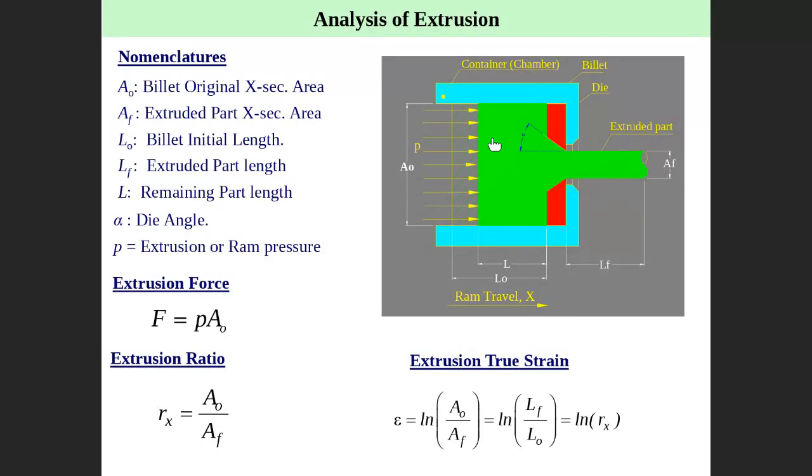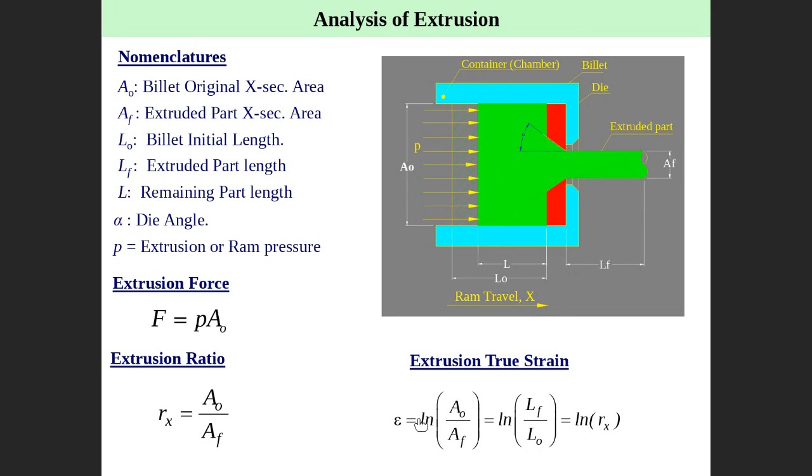The true strain here, true strain, because you strain the material, right? You deform the material. As long as you deform the material, as you can see here, it means that you strain the material. So what is the strain? Definitely we talk about the true strain, not engineering strain.